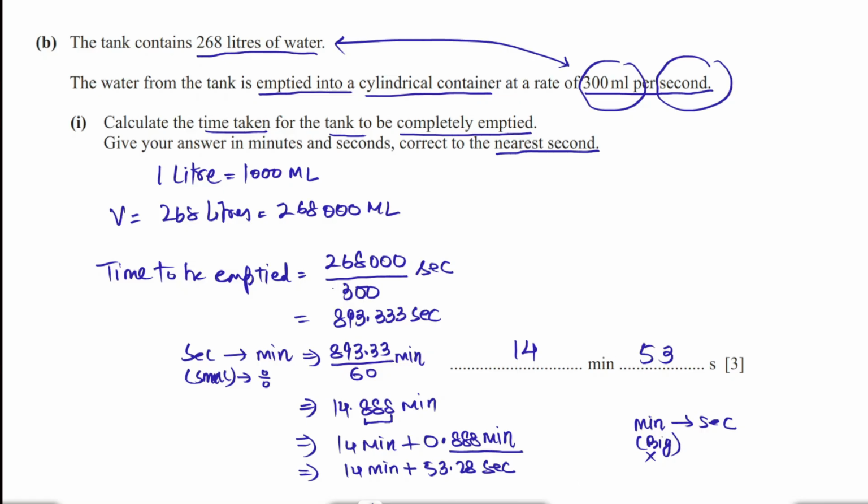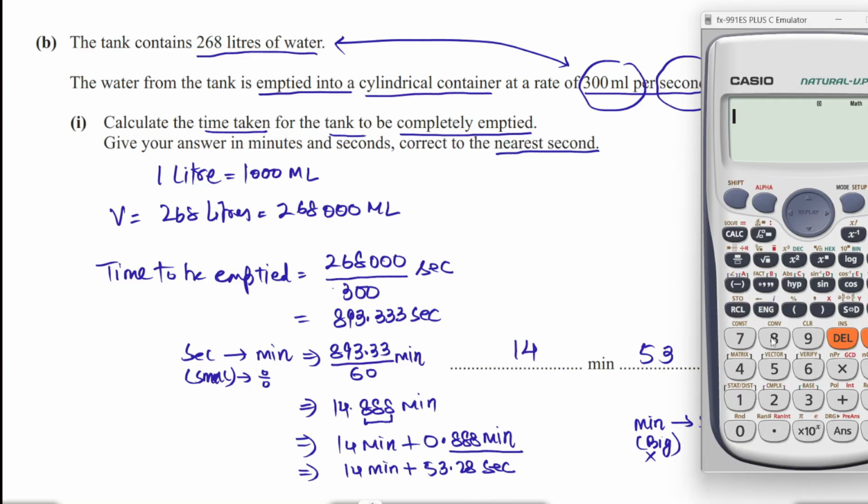So there is another way on the calculator, for an example. If you are having 893.33 seconds and you want to convert it into the hours and minutes, let us assume 893, because we have to write the answer in minutes itself.